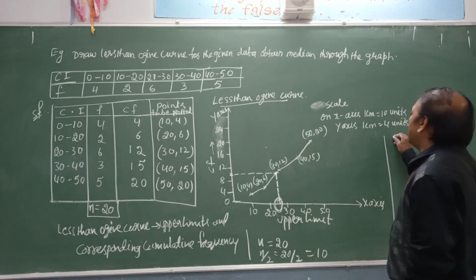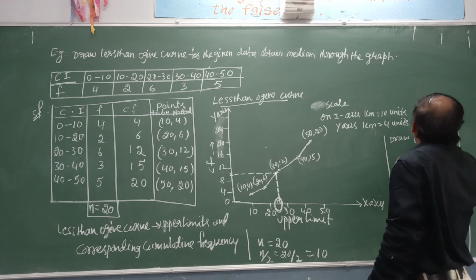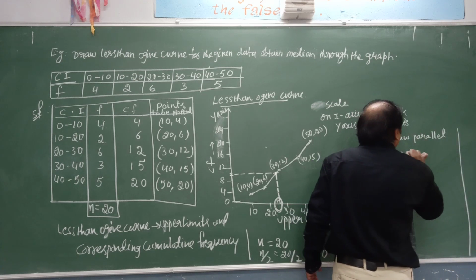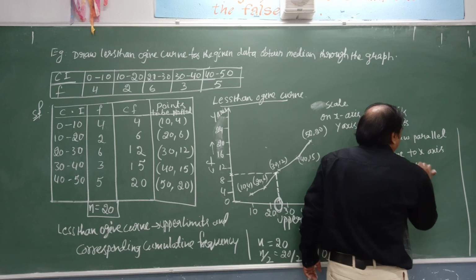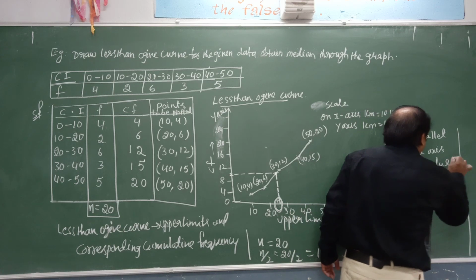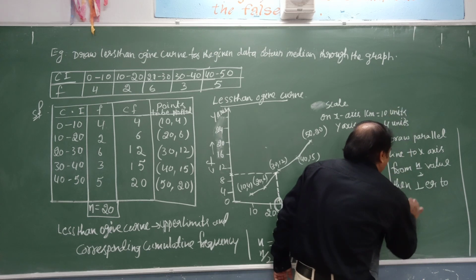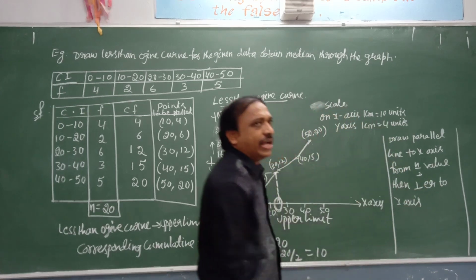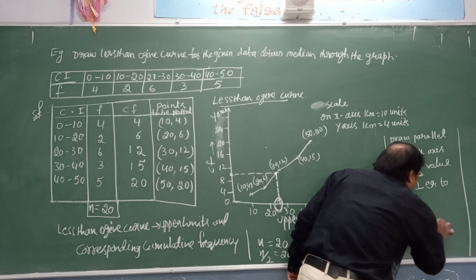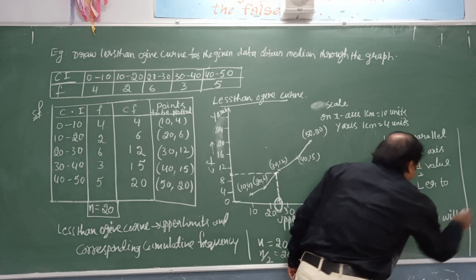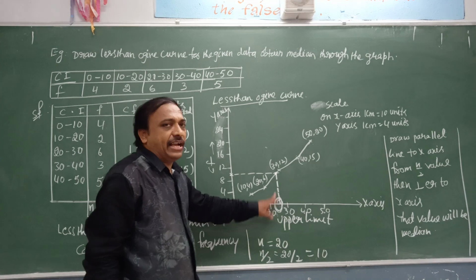After n by 2, draw the parallel line to the x-axis from the n by 2 value, then the perpendicular to the x-axis, and that value will be the median. So here, as per this graph, it is showing almost around there.